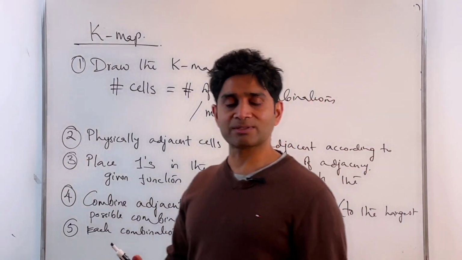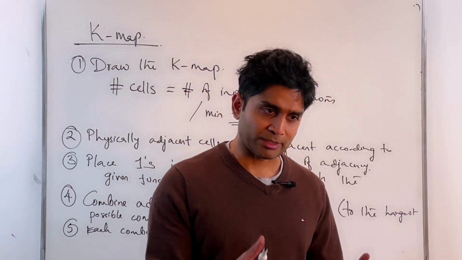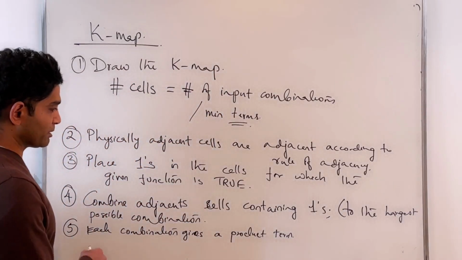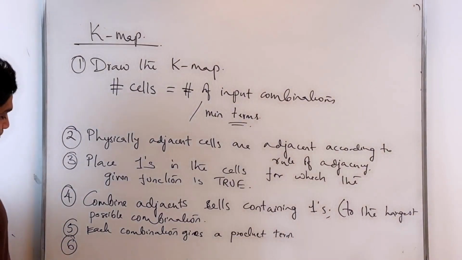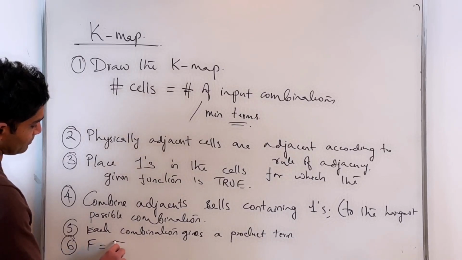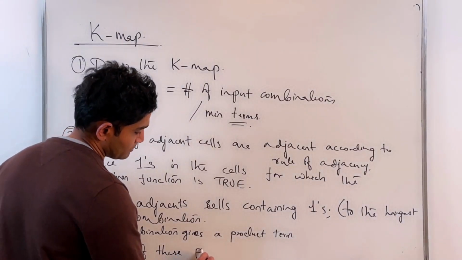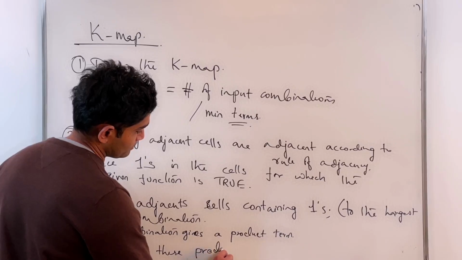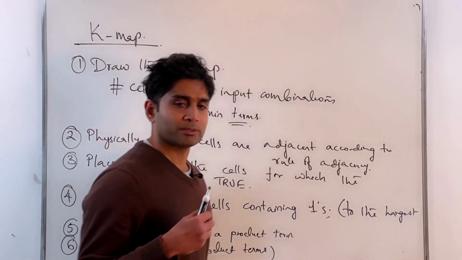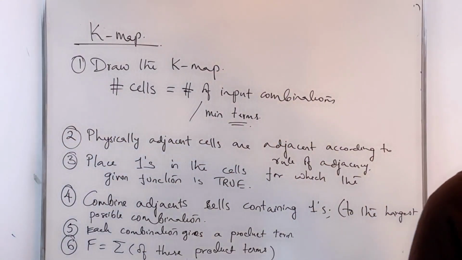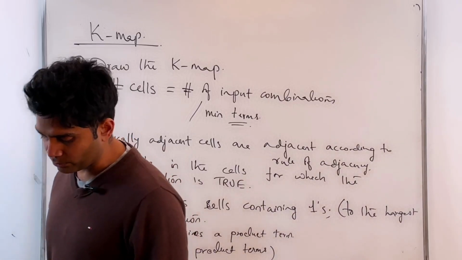You eliminate the variables that change. Keep the variables that do not change. Okay. So each combination gives a product term, and you know how to get the product term. And finally, your function f is a sum of all these product terms. So that's the mechanism that you would apply in obtaining the simplest functions through the K-map approach.